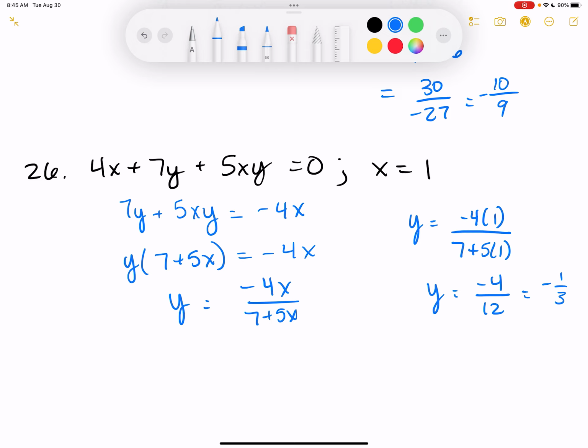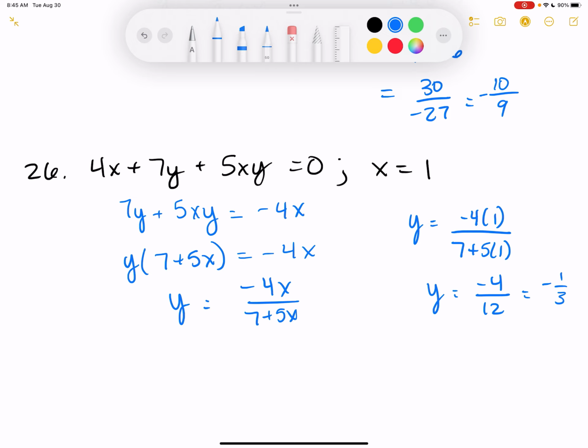Y equals 0 plus 4x over 7 plus 5x. So I undistributed, but I left the 4x outside of it. So I did 4x plus y times, in parentheses, 7 plus 5x equals 0. And then I subtracted by 4x, and then I divided by 7 plus 5x.